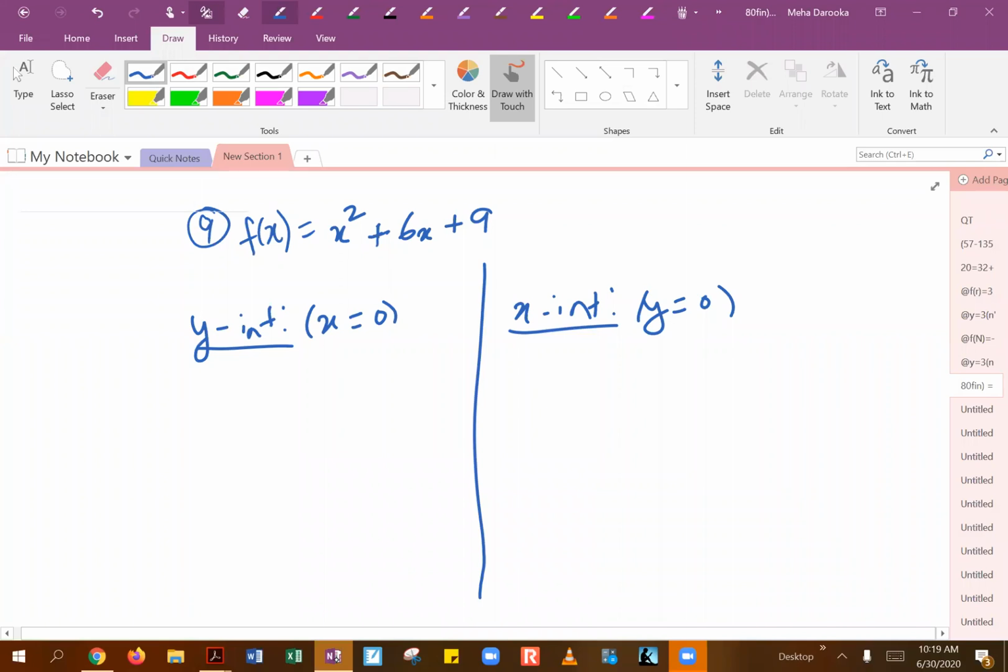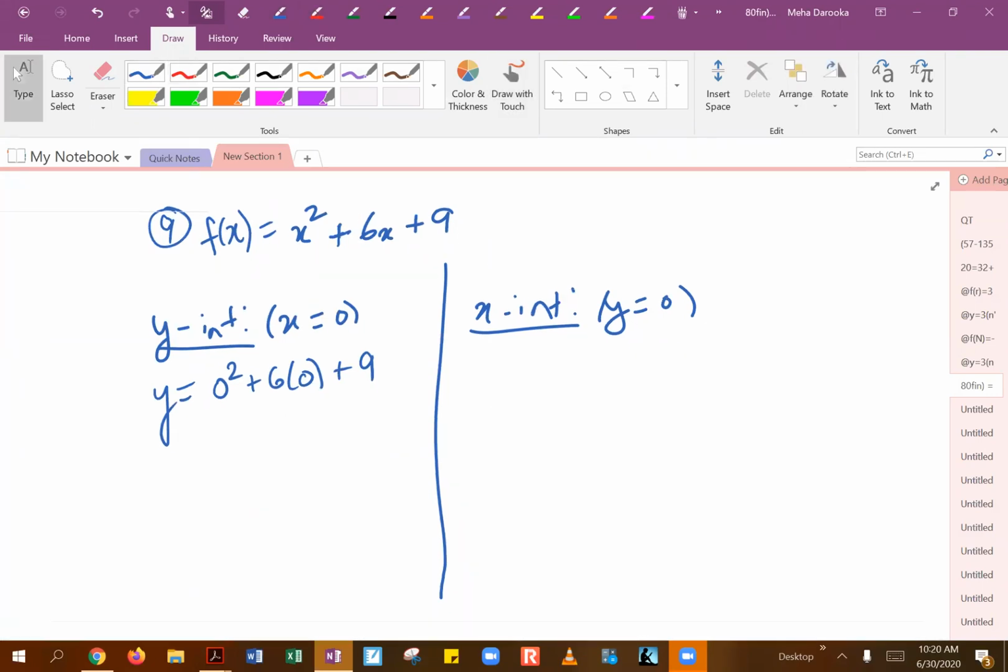So obviously to find the y-intercept, you just make your x value 0. So that would mean we have 0 squared plus 6 times 0 plus 9. Of course, all of these numbers would just end up becoming zeros. So you would basically just be left with y equals 9, which would give us the ordered pair 0, 9.